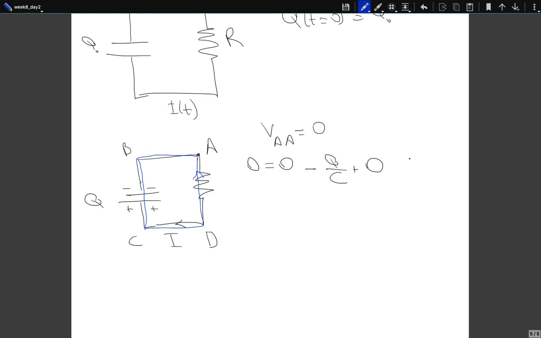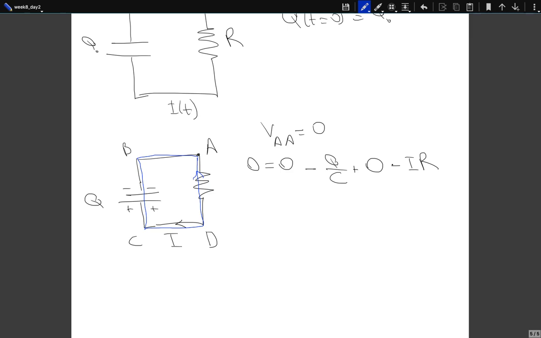I times R, but let's pay attention to the signs. You see, I'm choosing the positive current to run in this sense. So if there is a positive current, as I go from D to A, there is actually a potential increase, because the current always runs from the higher potential to the lower potential. As I go from D to A, there is a potential increase, so I should write a negative potential drop. So this is the equation I obtained from the loop rule.